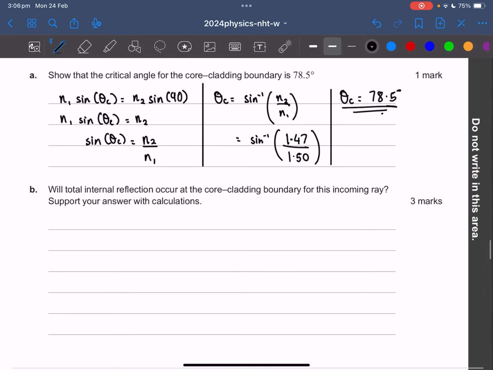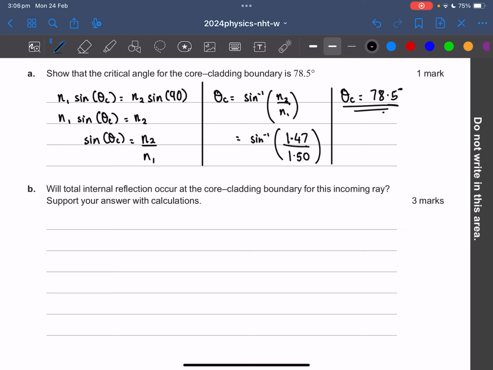Will total internal reflection occur at the core cladding boundary for this incoming ray? Support your answer with calculations. Now, of course, we have to first calculate the incident angle, and if that is less than the critical angle, then internal reflection will not occur.